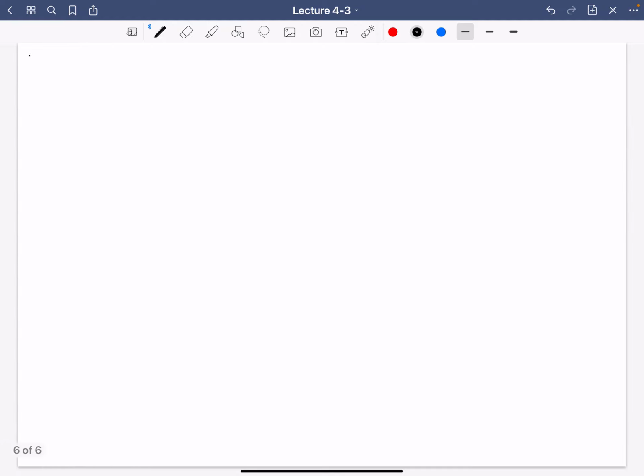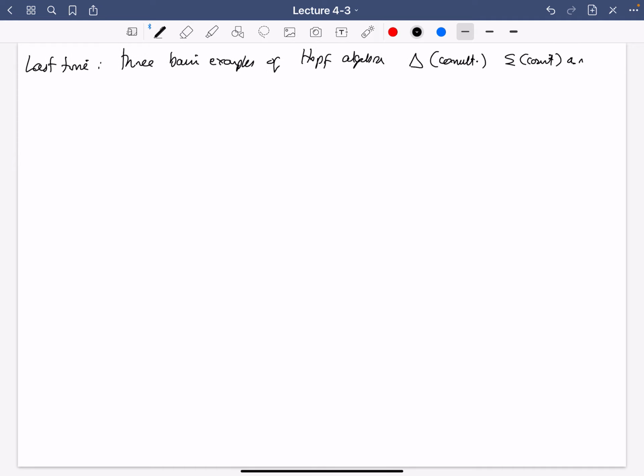Okay, so at the end last time, I gave you the three basic examples of Hopf algebras in mathematics, the first three that you come upon. So remember, a Hopf algebra is an associative algebra together with a co-multiplication, a co-unit, and an antipode.